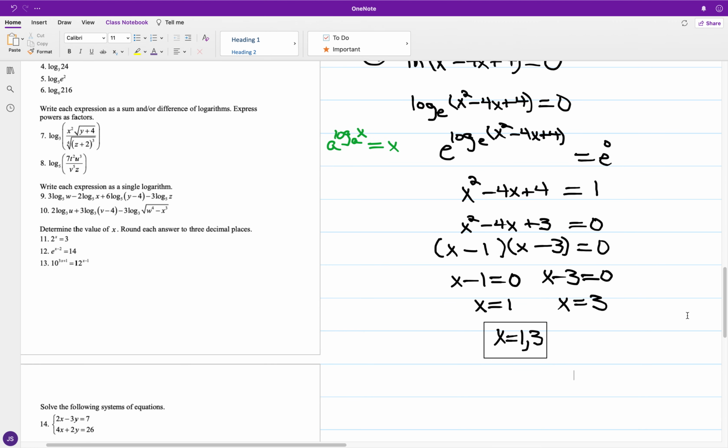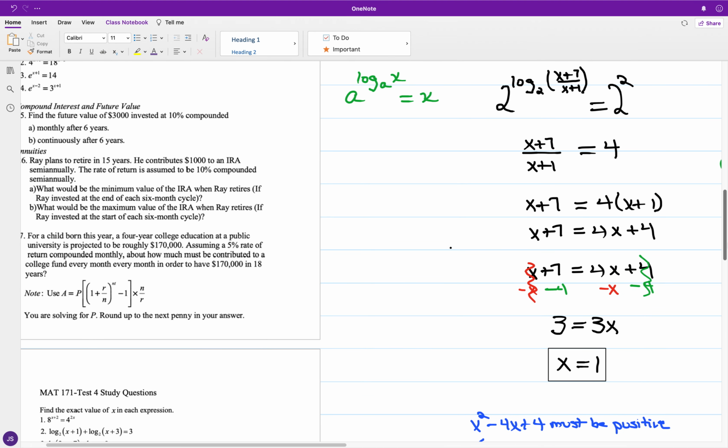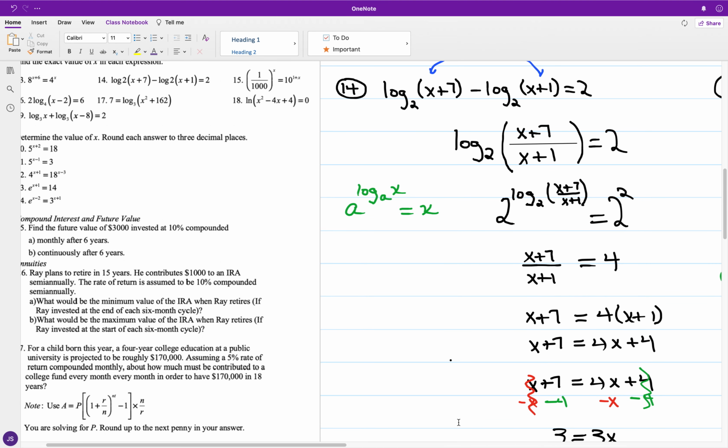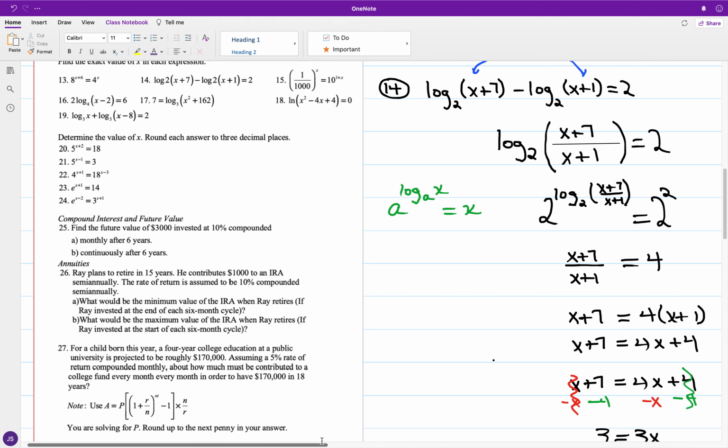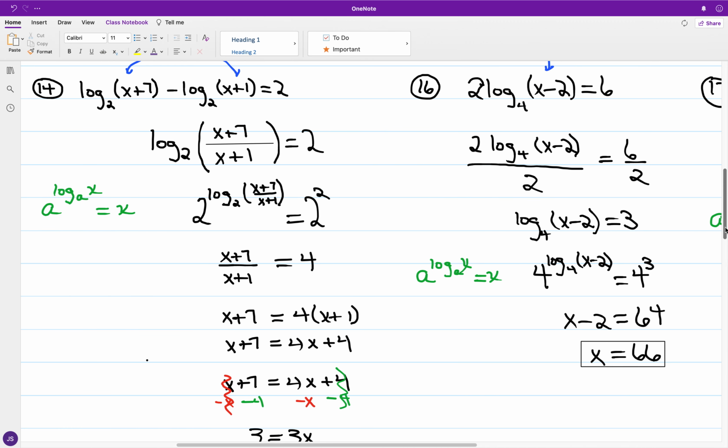All right, now for number 19. In this equation we have the sum of logarithmic terms: the base 3 logarithm of x plus the base 3 logarithm of the quantity of x minus 8 is equal to 2.